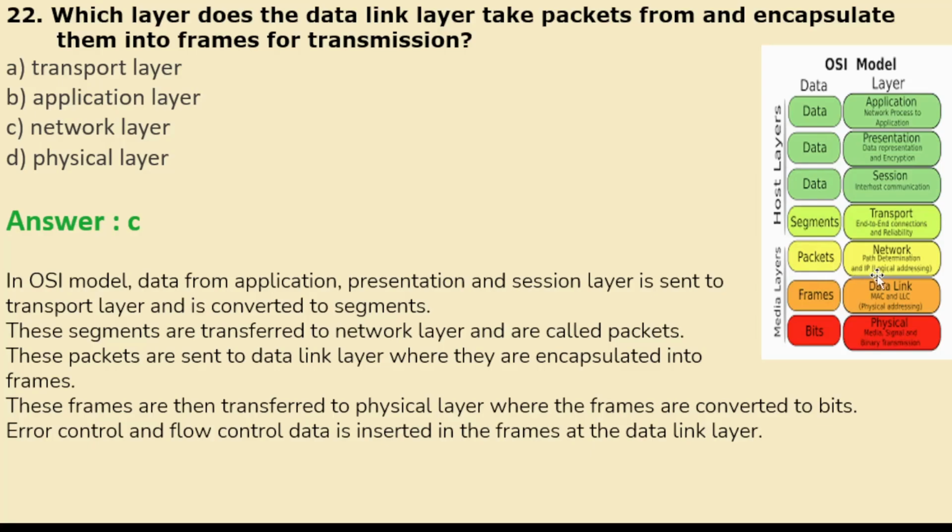These packets are sent to the data link layer where they are encapsulated into frames, and these frames are then transferred to the physical layer where the frames are converted to bits. Error control and flow control data is inserted in the frames at the data link layer.